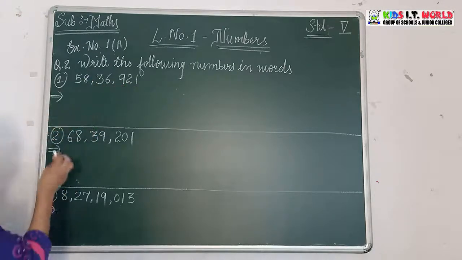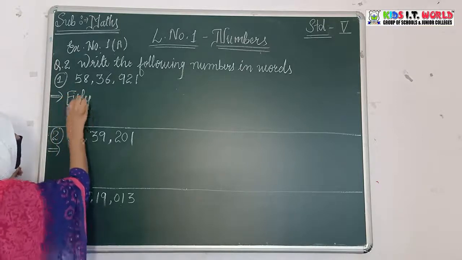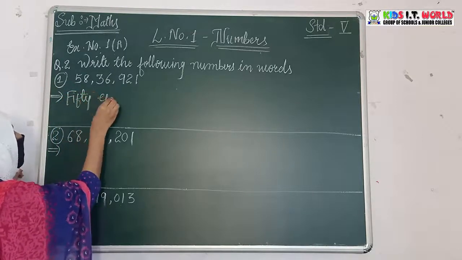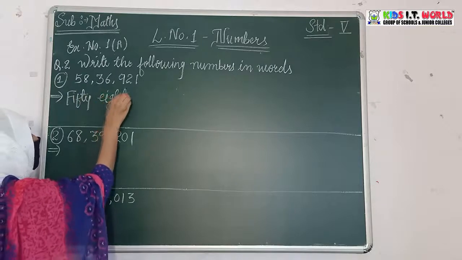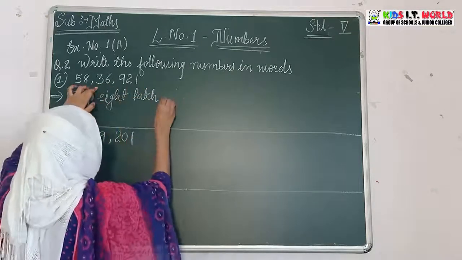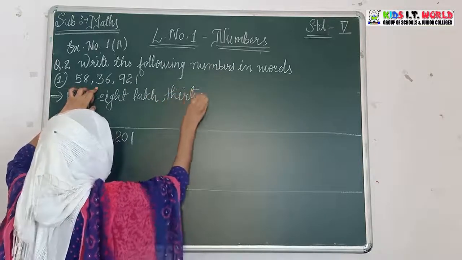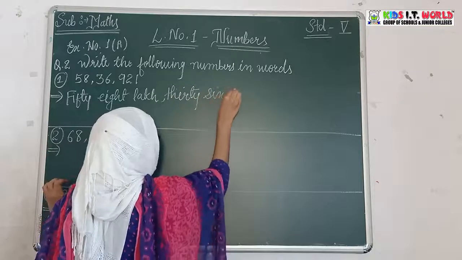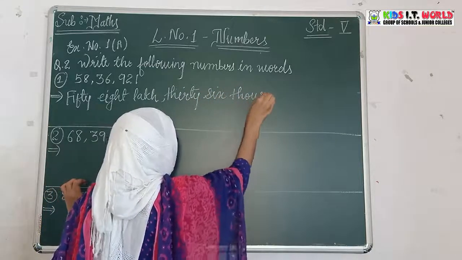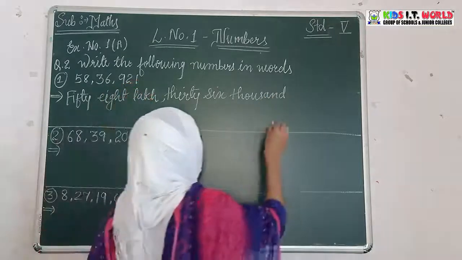Write it in word form. So it is 58 lakh, 36 thousand, 921.